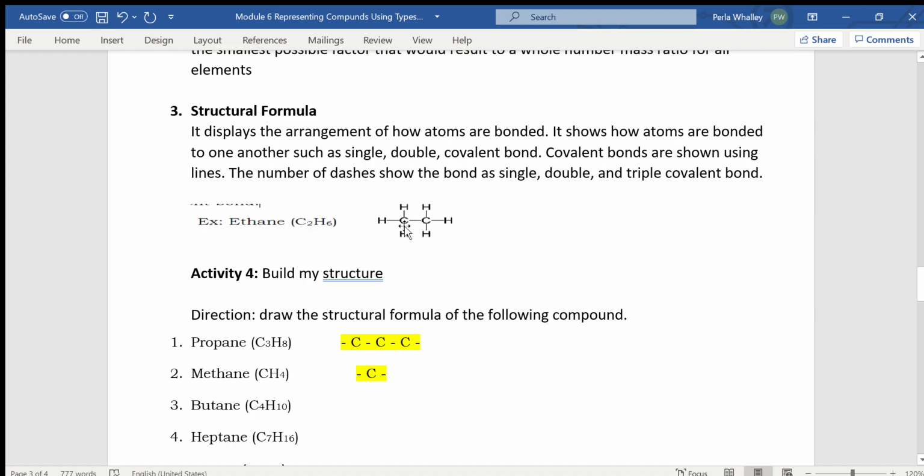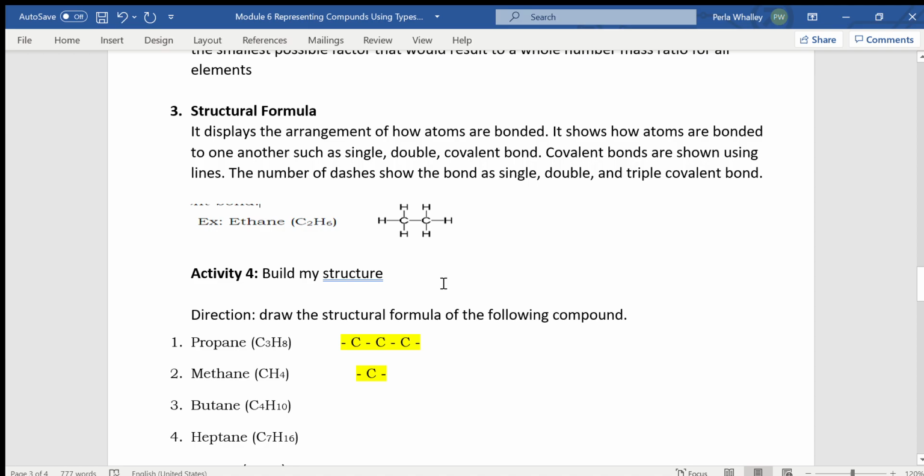Okay? So every carbon atom contains 4 bonds, including the one that they are sharing. So if we have to count, we have 2 carbon and we have 1, 2, 3, 4, 5, 6 hydrogen. So that is what we call the structural formula.